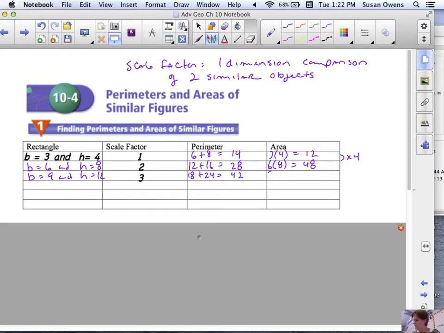And if I take 9 times 12, that's going to be 108. If you take a look at the difference between our first one and this one, the perimeter increased by a factor of 3. So it's just times 3, exactly what the scale factor is. But if you take a look at the area, it's not times 3, it's actually times 9.